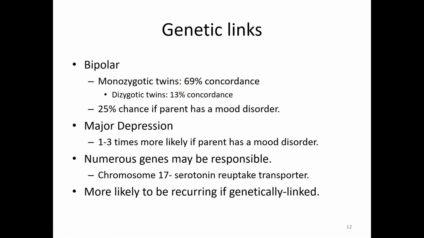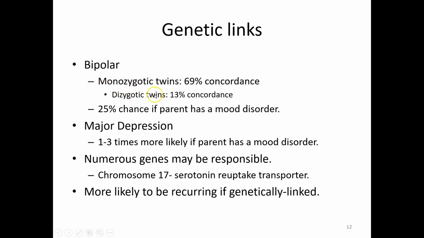That means that if one twin has bipolar disorder, there is a 69% chance the other twin will have it as well. And this is true whether the twins are raised together or the twins are raised apart.